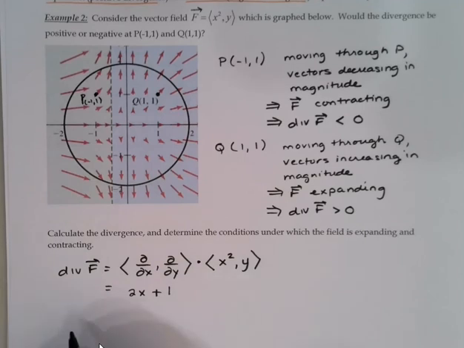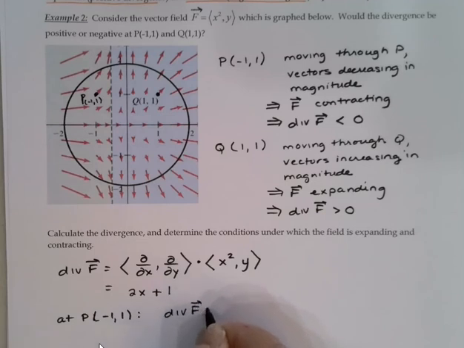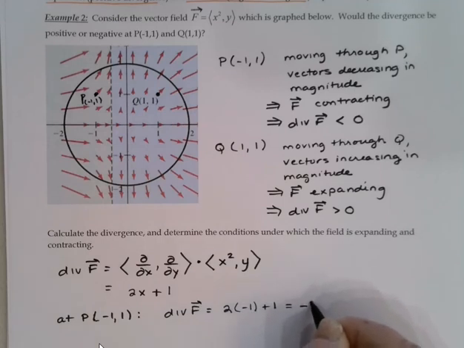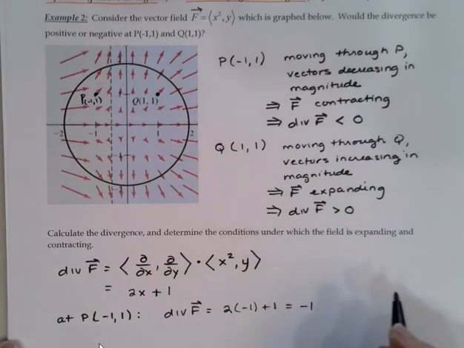So at the point P, which is what, negative 1, 1? The divergence would be 2 times the x value, which is negative 1, plus 1, or negative 1. Notice we predicted it would be less than 0, and it is less than 0. The vector field was contracting. That's what should be happening.